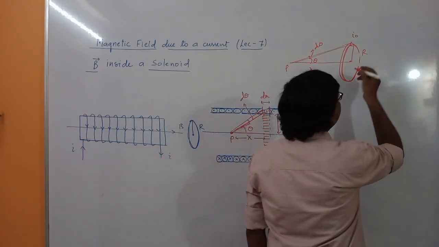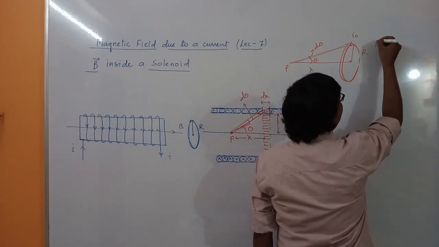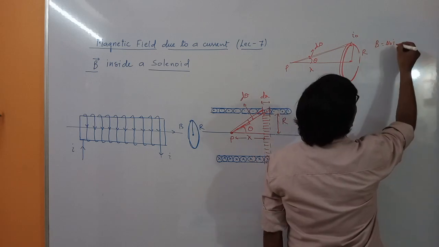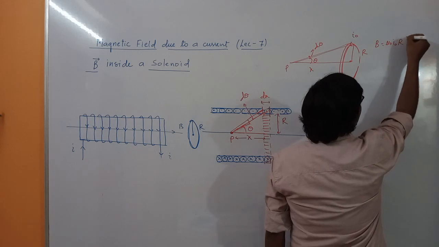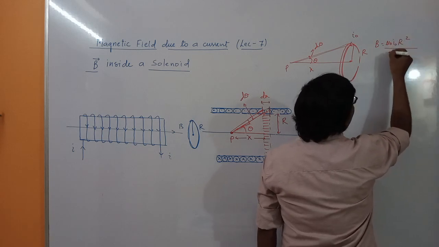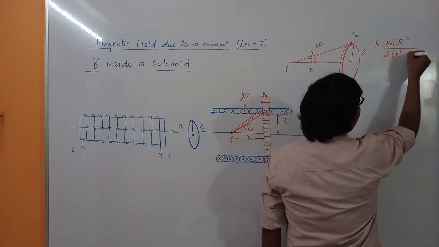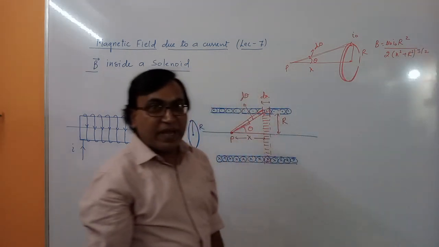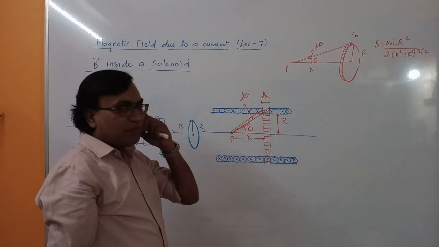That magnetic field is given by B is equal to mu naught I naught r square by 2 into (x square plus r square) raised to 3 by 2. So this is the magnetic field due to a ring. We will apply it here.